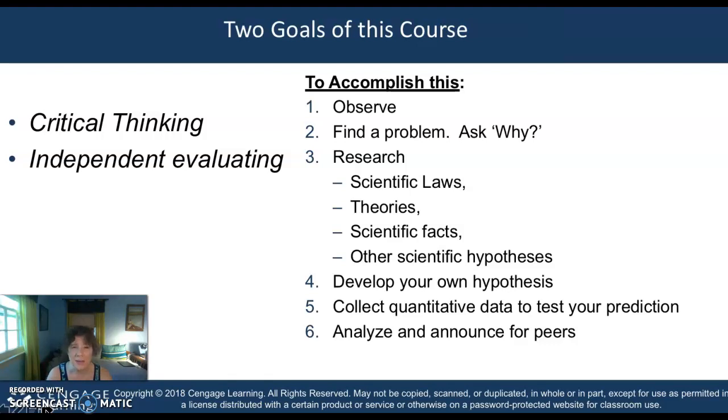You analyze those measures, you make a conclusion about them, and you announce them to your peers in order to try to encourage your peers to better your study and to validate your results. Because when we validate the results, all of those facts lend themselves to new theories. That's the overview. Let's go into the specifics.